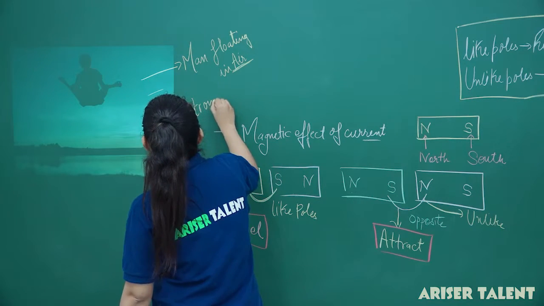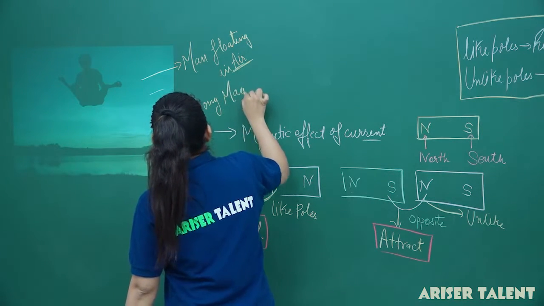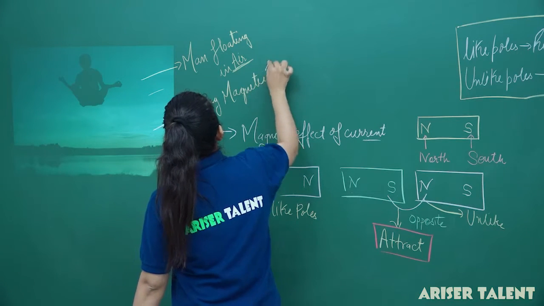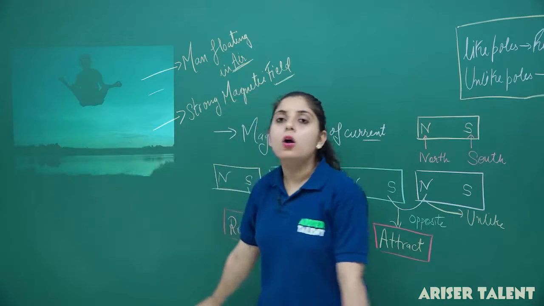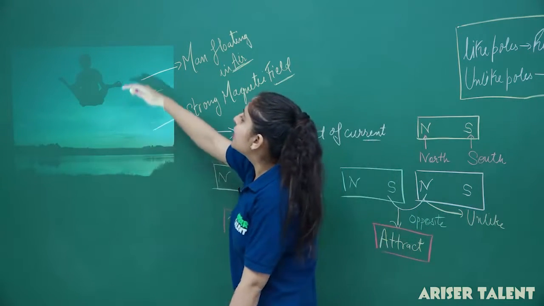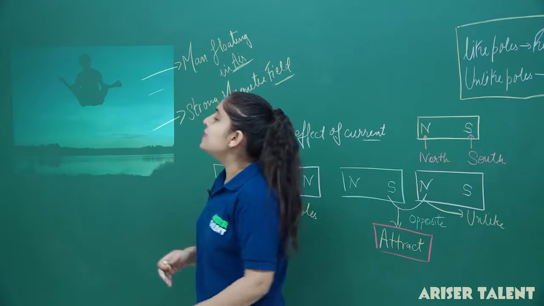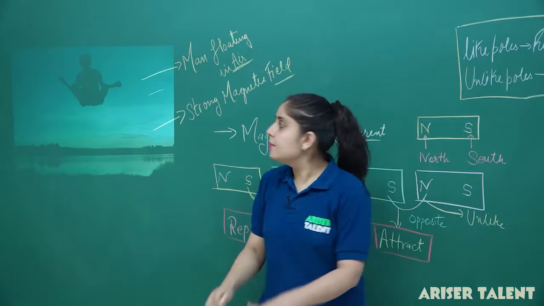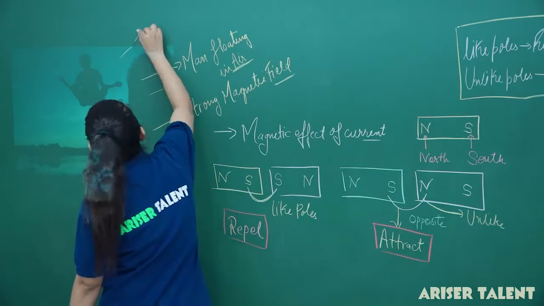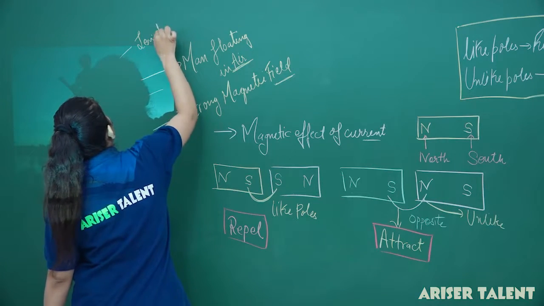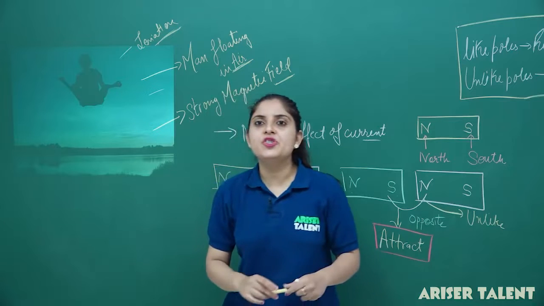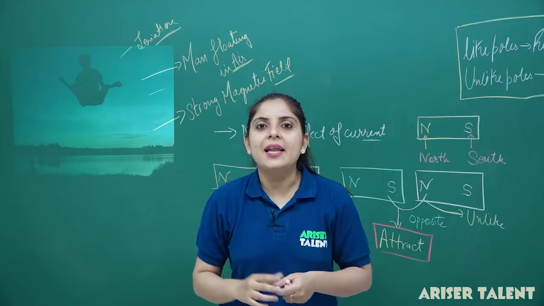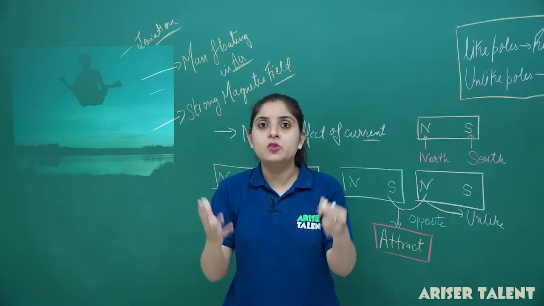A strong magnetic field is required, and if there is a strong magnetic field, you can achieve this position, and this is known as levitation. This is what we call levitation, and the ancient sadhus had a tendency to do these effects because they have the superpowers.